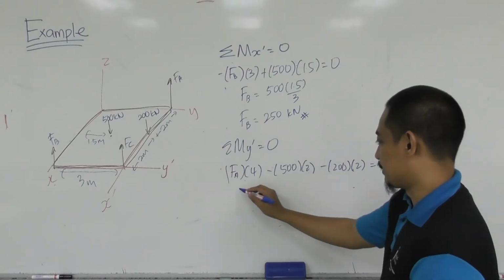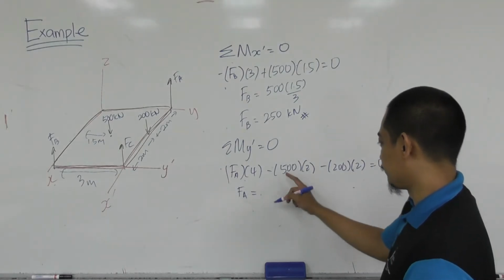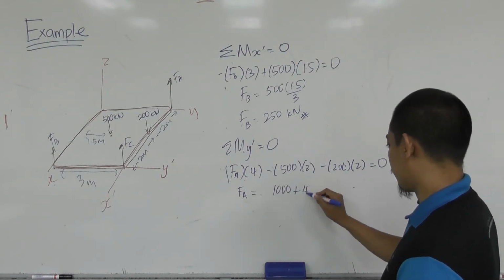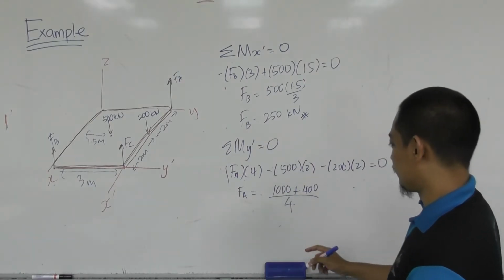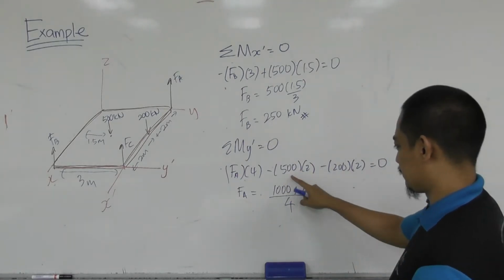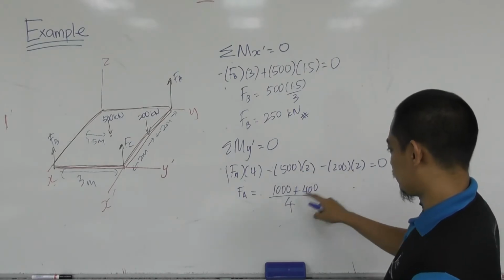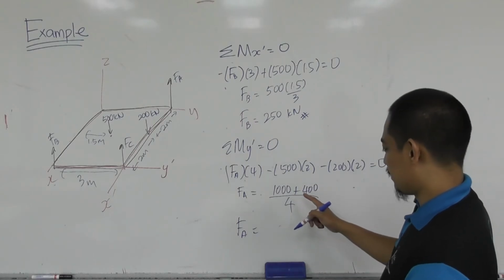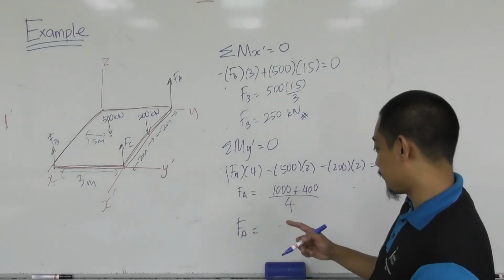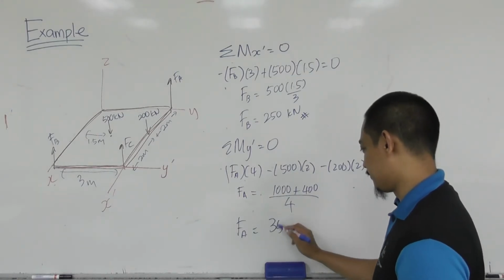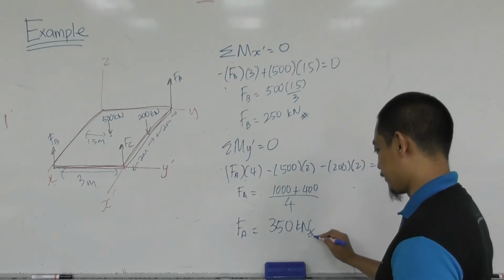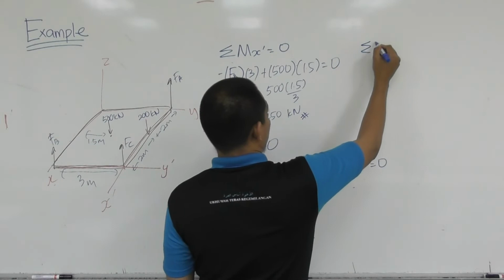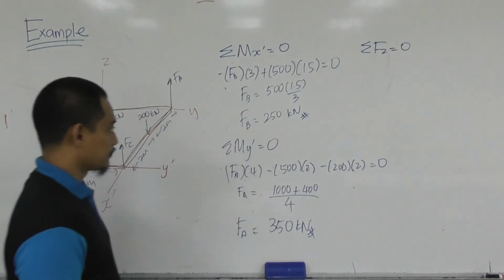So from here, FA equals 1000 plus 400, divided by 4. So FA equals 1400 divided by 4, which is 350 kilonewton, right?